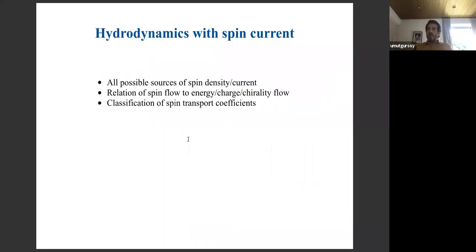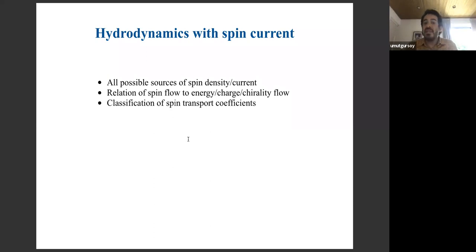I'm not going to talk about experiments. Obviously, I'm a theory guy, so the experimental part is over. My main point here is that we need to take into account all the possible sources of spin density and spin current if we want to understand these experiments, if we want to do the theory for them.